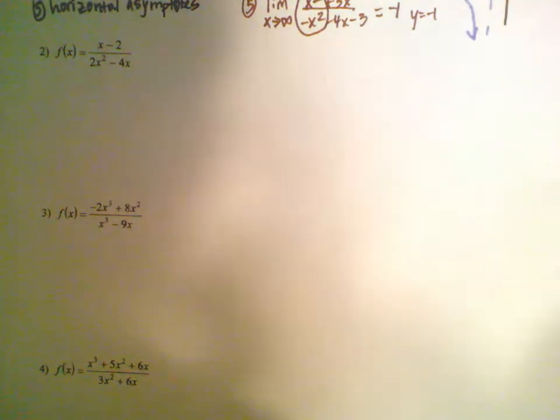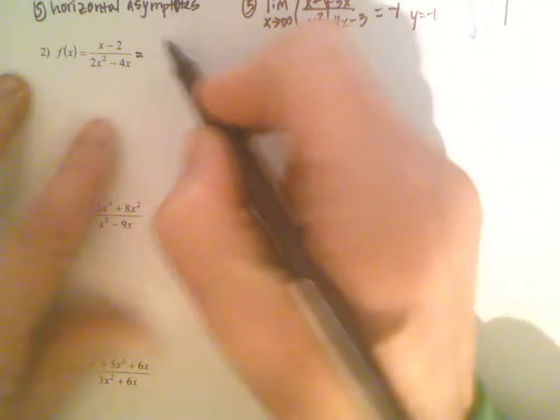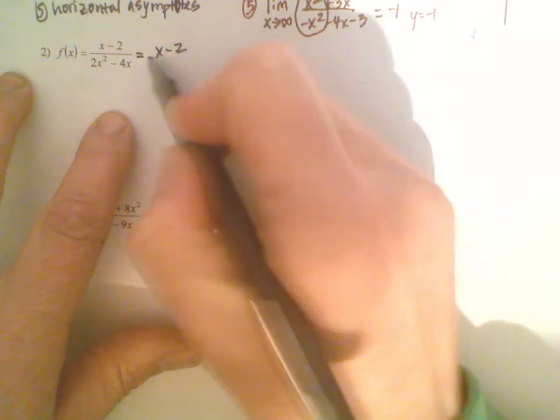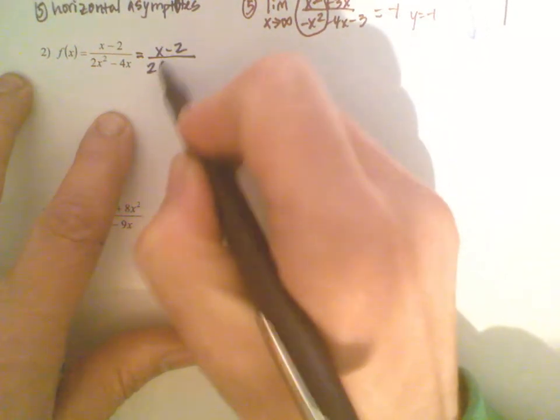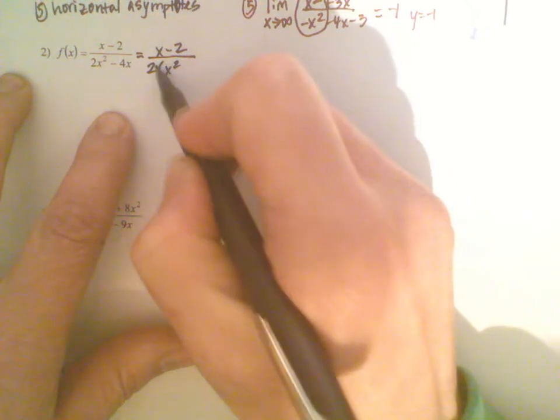Go through that same concept, go through that same process, and that is I'm going to start by factoring. So my numerator here is nothing to factor on the top, but on the bottom I'll take out a 2x, I'm sorry.